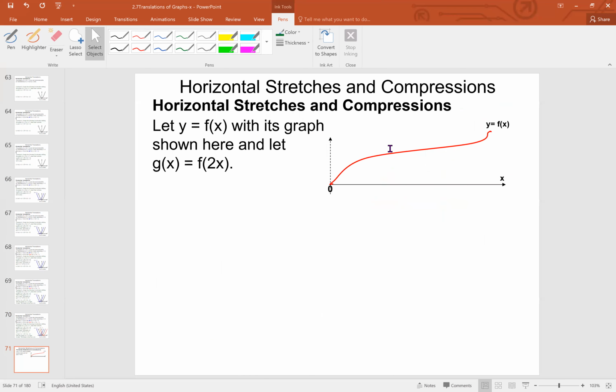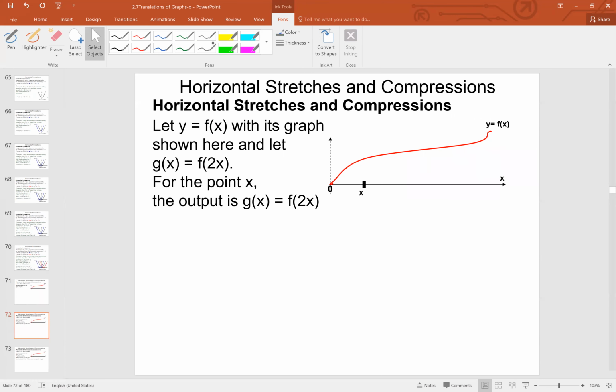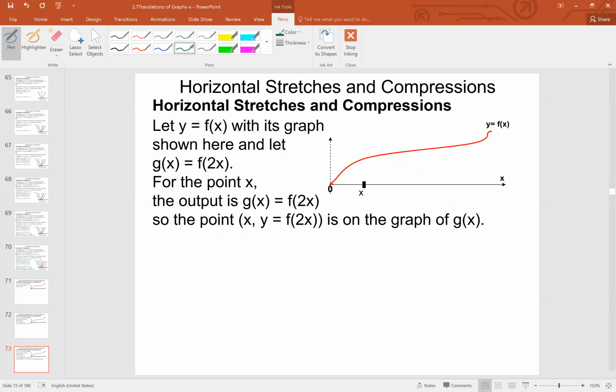What happens if I were to multiply the x by a constant, let's say 2? If I have a point x, where should I plot g of x?